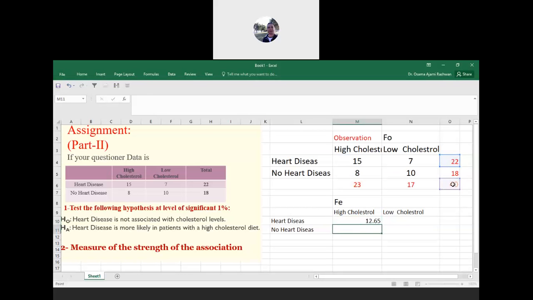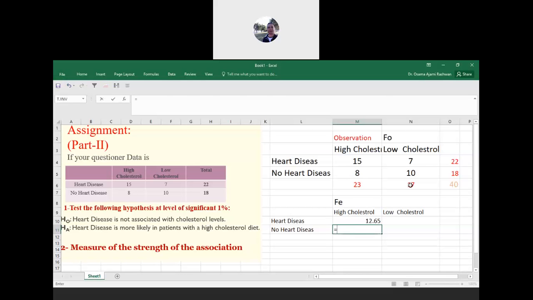So I press equal, and I get this expectation value. Do you think if we drag this one, we'll have the right answer? No, because in this case, you don't have a symmetric calculation.